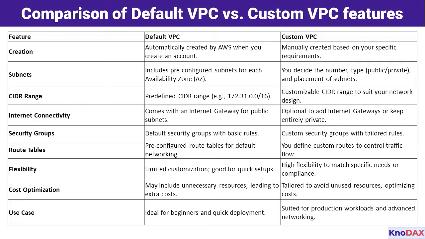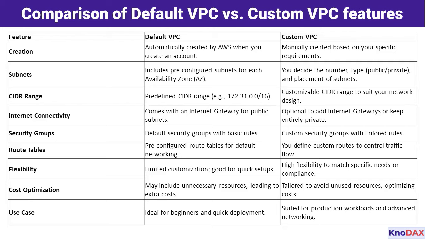In a default VPC, AWS pre-configures subnets for each availability zone, making it quick to start. With a custom VPC, you decide how many subnets to create, whether they're public or private, and where to place them. CIDR range. Default VPCs come with a predefined CIDR range, such as 172.31.0.0/16. For custom VPCs, you can define your own CIDR range to fit your unique network design.